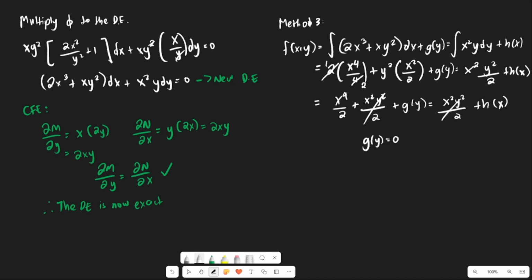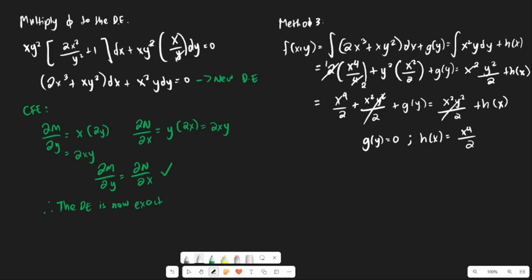So g of y is equal to 0. And besides g of y, h of x is equal to this part right here. So we'll have h of x is equal to x raised to 4 over 2.